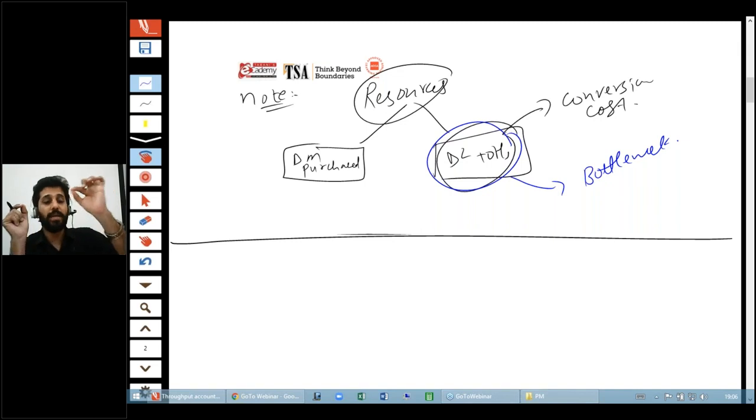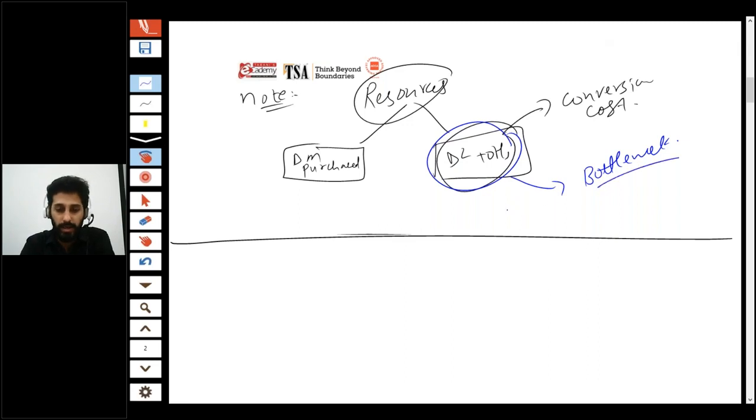When there is limited availability, you call it fixed, because you do not have more than the available requirement. So direct labor and overheads are the bottleneck; they are limited and fixed for the time period.